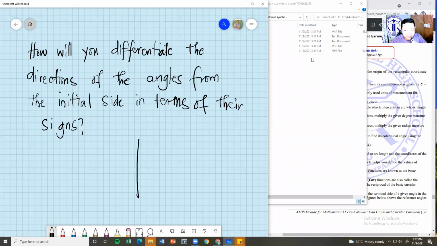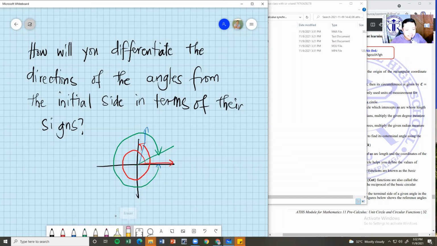I may also help you with this illustration. This is the initial side. Ito yung direction na tinutukoy ko. And this is naman the other direction that I'm talking about. Ayun yung isang angle. Dalawang klaseng angles yan.